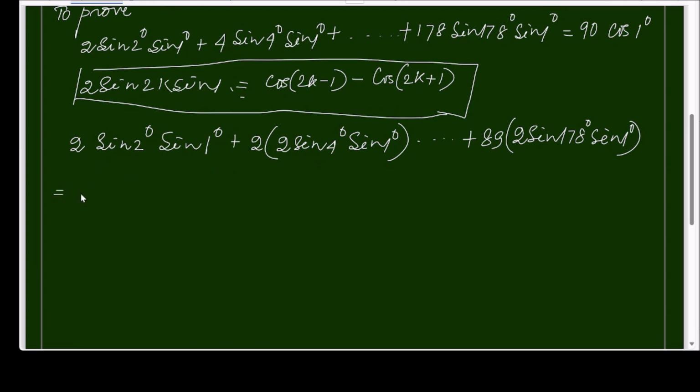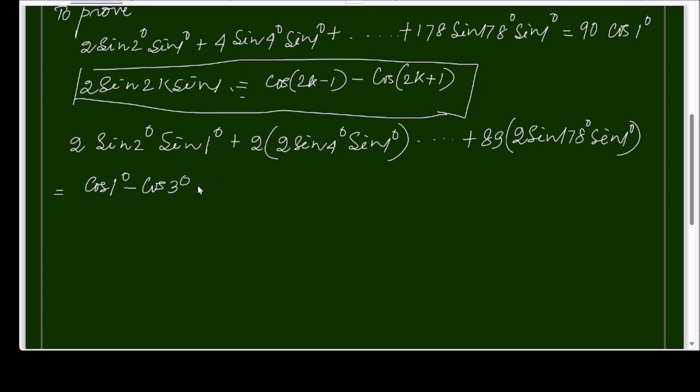So the first term will be cos 1 degree minus cos 3 degree. 2k minus 1: 2 minus 1 gives cos 1, and 2k is 4, 2 plus 1, that will be 3 degree.